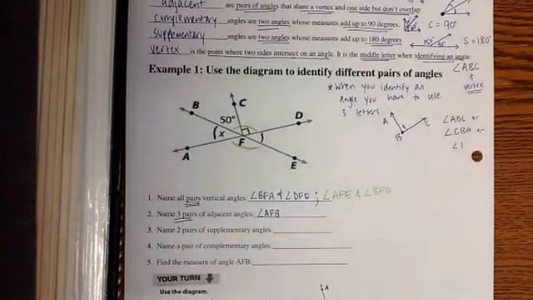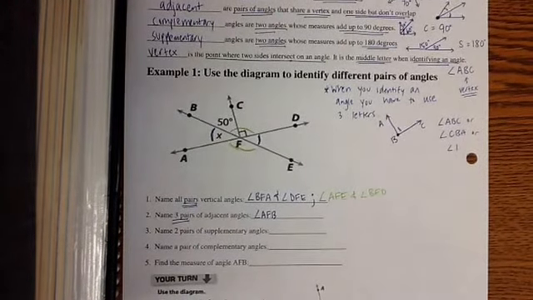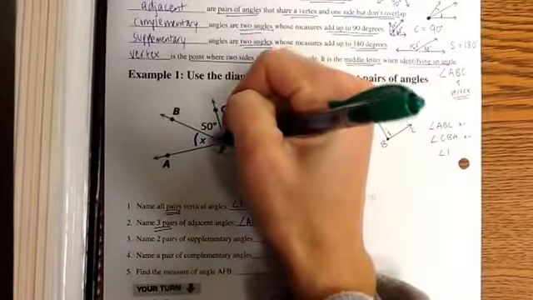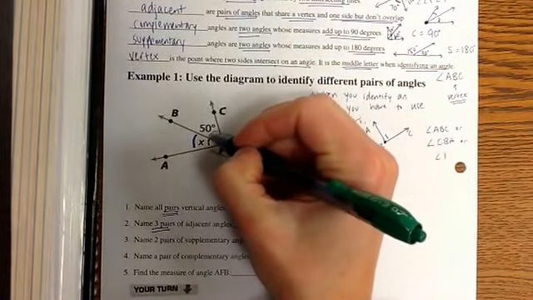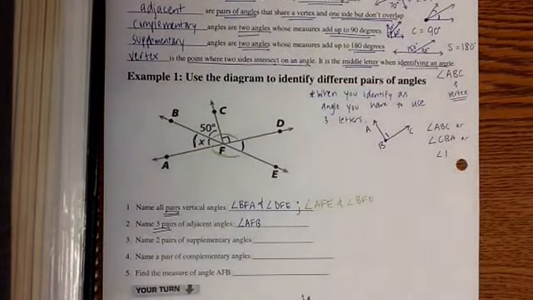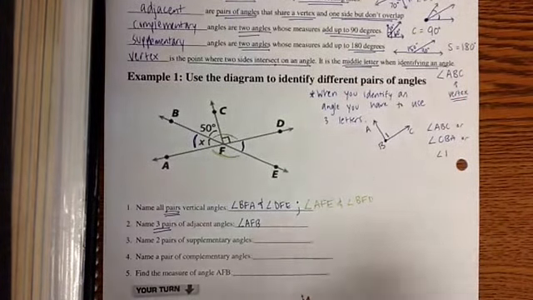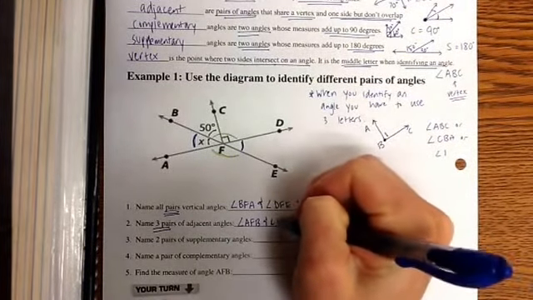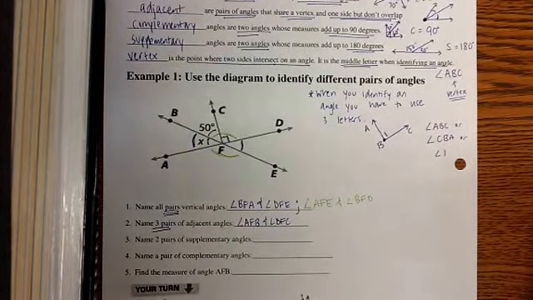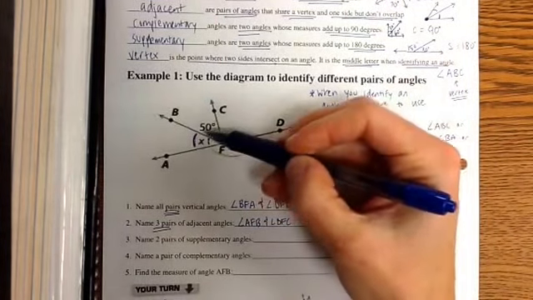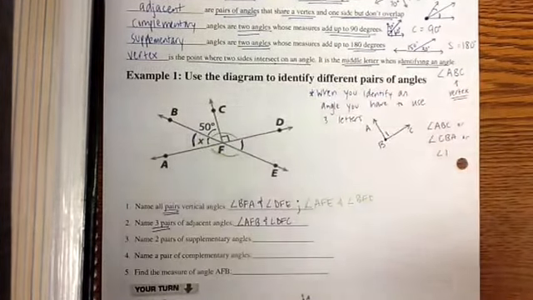I'll use a different color here. Angle AFB would be adjacent to angle BFC. Okay, so I have AFB and BFC. Those two are next to each other.